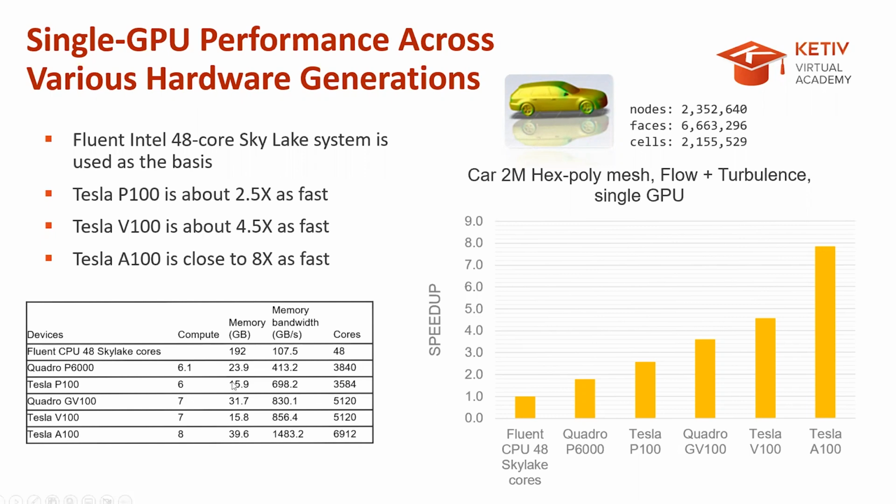And as you keep adding the number of CUDA cores, you can see that the speed up is that much higher. This is being compared to 48 CPU Skylake cores. And the Tesla A100 has the highest number of CUDA cores, so you can see the amount of speed up that you can get. It's almost 8 times the speed up you can get from 48 Skylake cores.